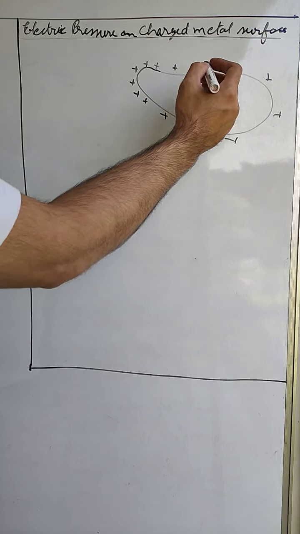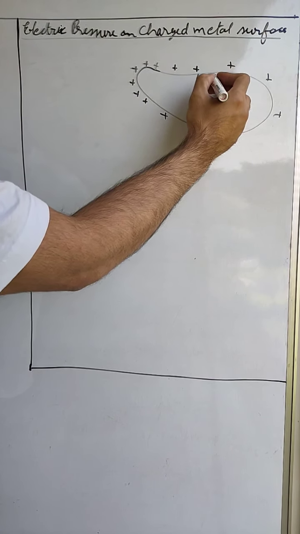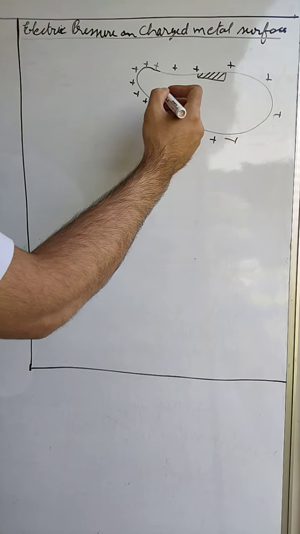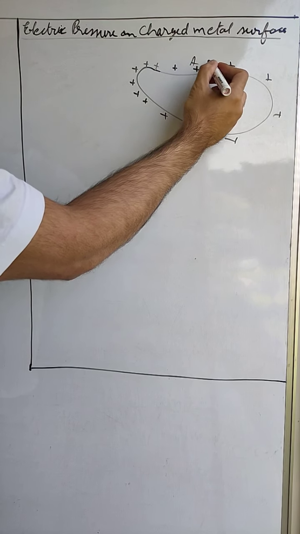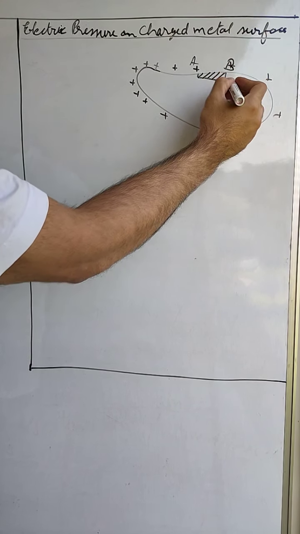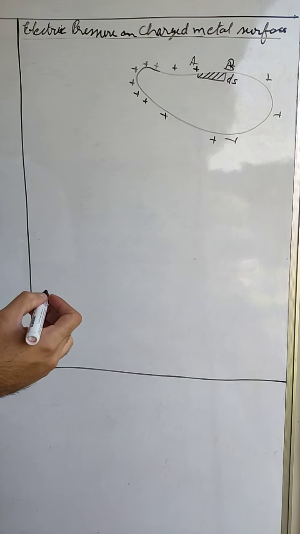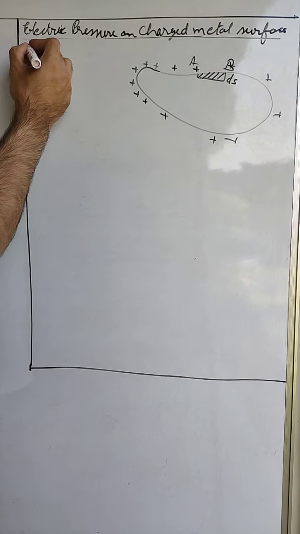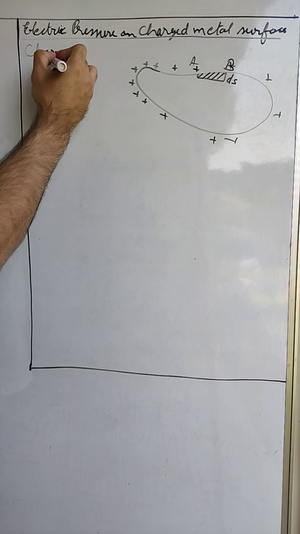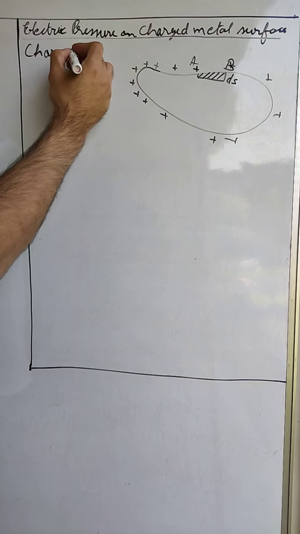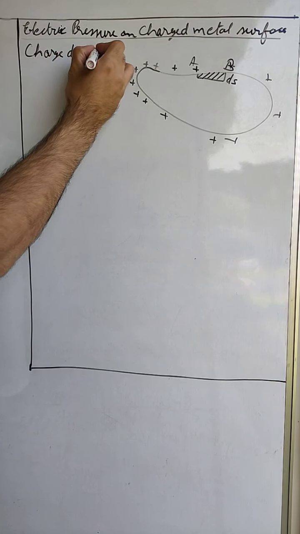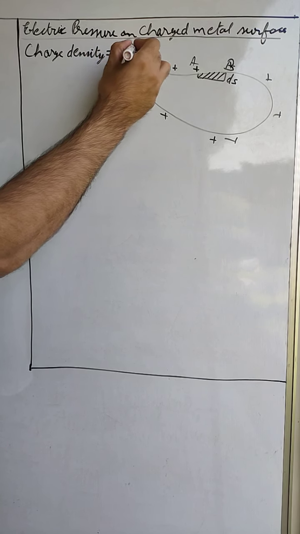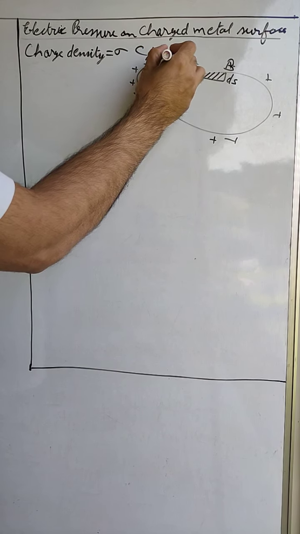Now let us consider a small area element. Let us consider this area element AB of surface area ds, and let us take the charge density as sigma, which is sigma coulombs per meter square.